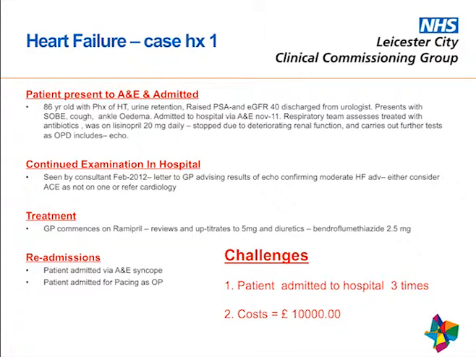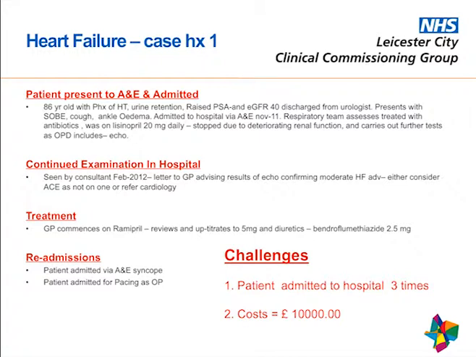So I'll just quickly go through a couple of case examples. The first case history is essentially a patient that did not come to the GP but went to the hospital and was admitted as an emergency under the respiratory team because he had shortness of breath. The respiratory team said, yes, fine, we've treated you now. Go back to your GP, but we'll do some outpatient tests with echo.